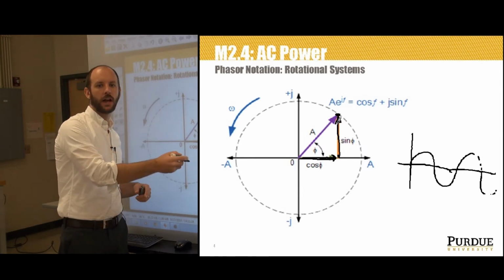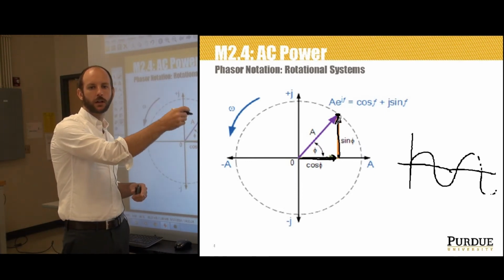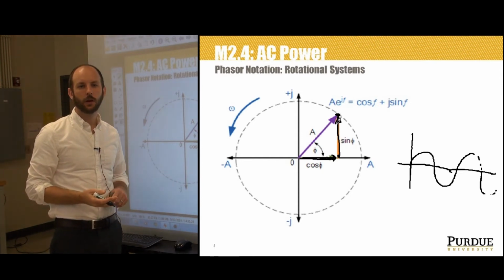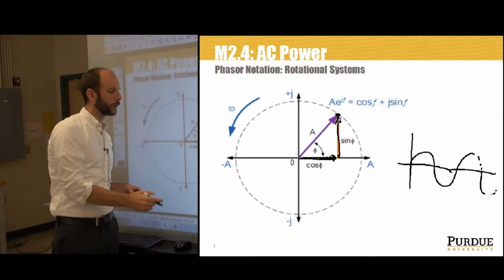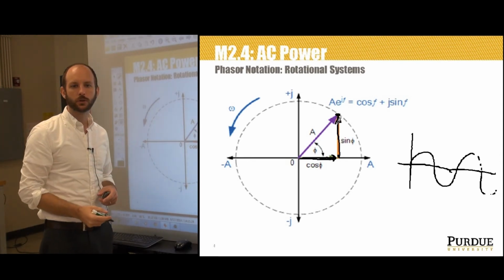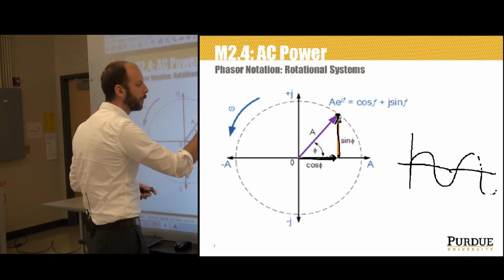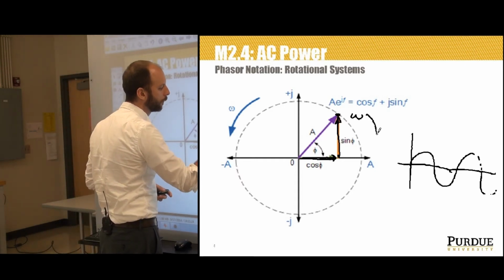So the x value of a point rotating counterclockwise around the circle is represented by the value of the cosine function, where phi represents this angle formed between the vector from the origin to the point and the positive x-axis. And omega here is how fast this point is spinning, right?